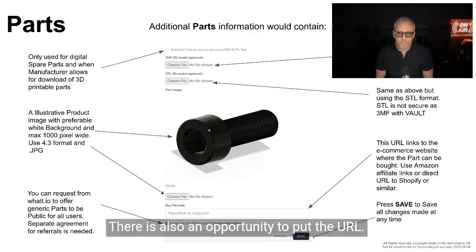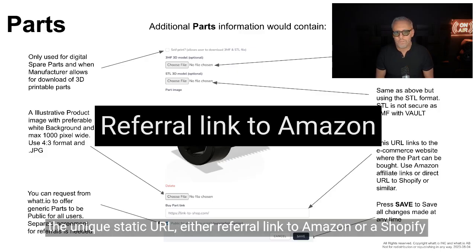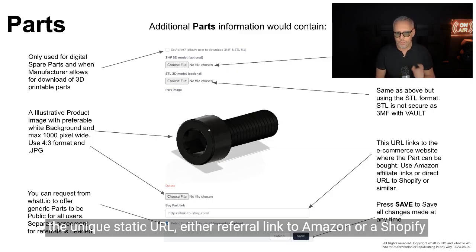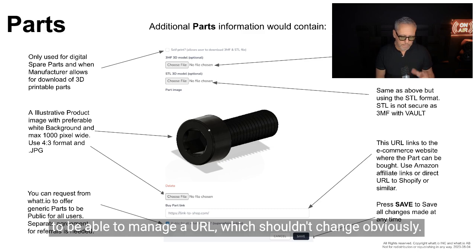There's also an opportunity to put the URL, so the buy part link you see at the bottom. This one is where you put the unique static URL, either a referral link to Amazon or a Shopify link to your own website or any other database you use, but it needs to be a URL which shouldn't change, obviously.